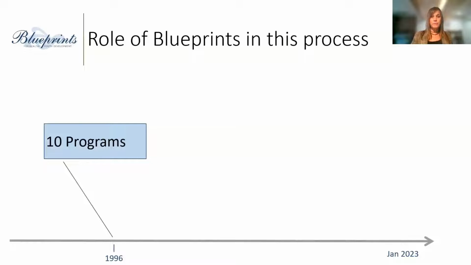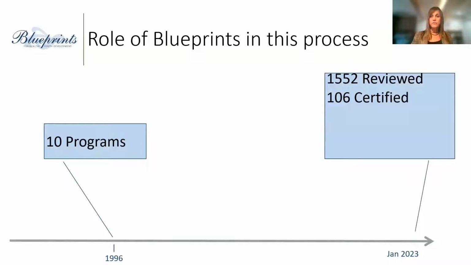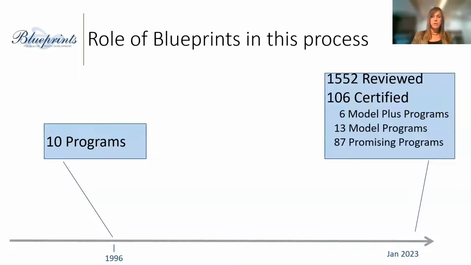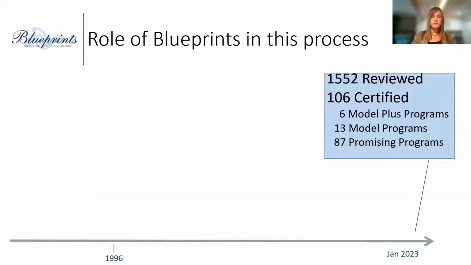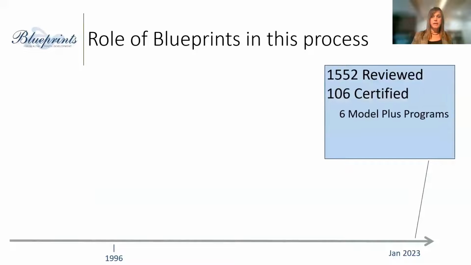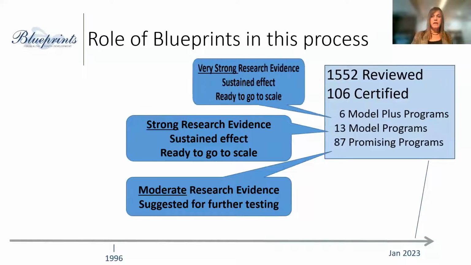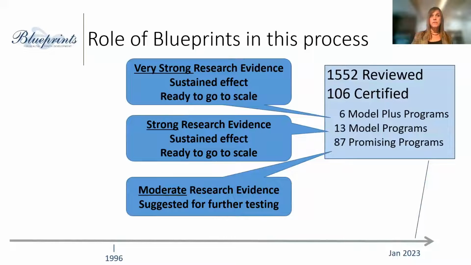The role of Blueprints in this process: we started in 1996, as I mentioned previously, with only 10 programs. As of today, we have reviewed over 1,500, and just over 100 of them have been certified. We have different tiers or ratings within our certification: Model Plus, Model, and Promising. 87 of these programs are Promising, meaning there's at least one high-quality RCT or 2 high-quality QEDs that have shown that this program works.